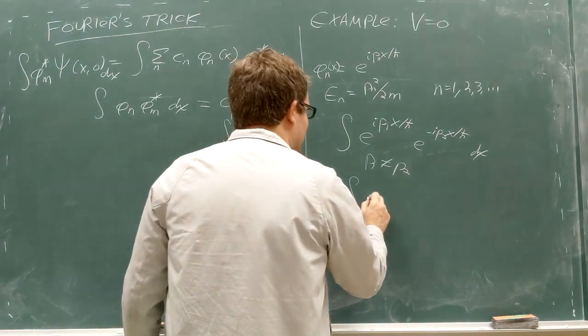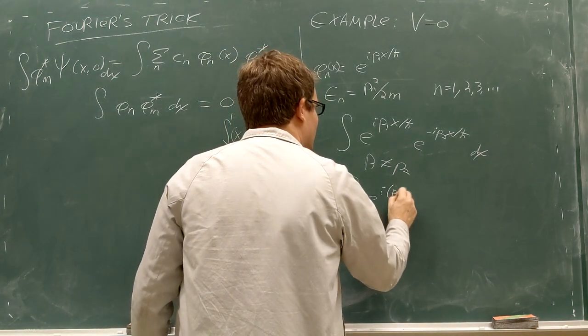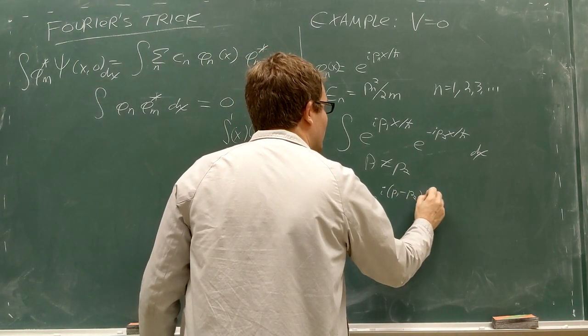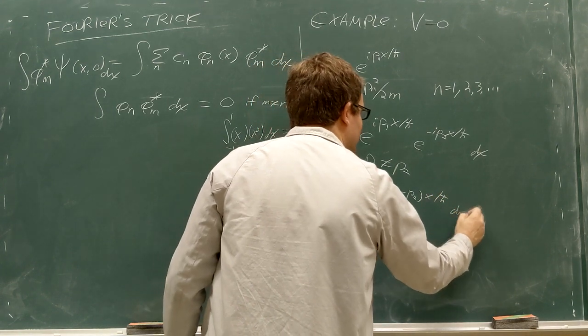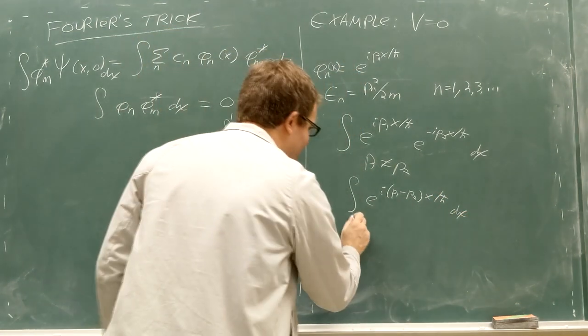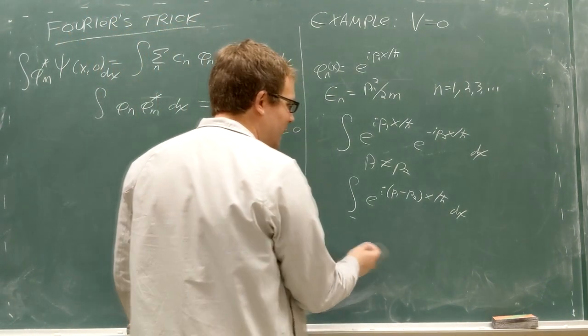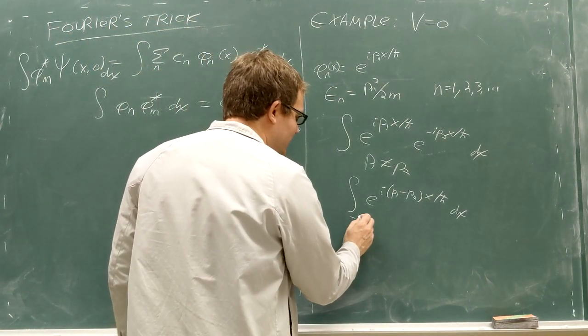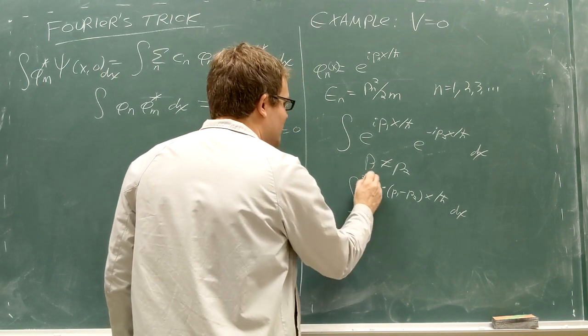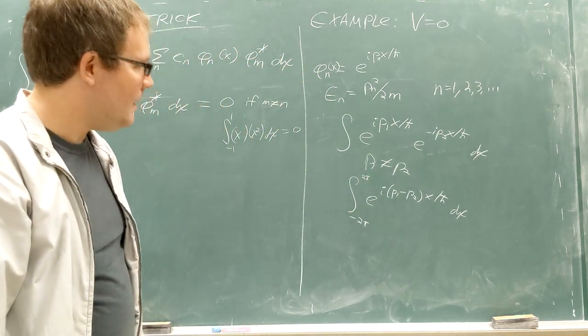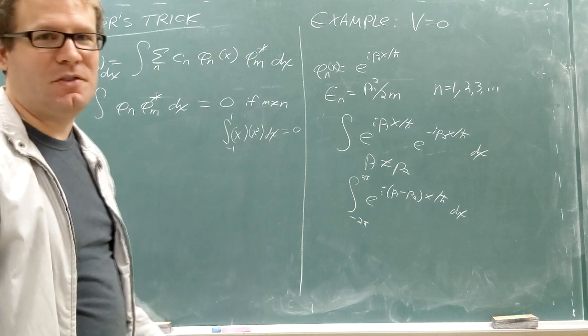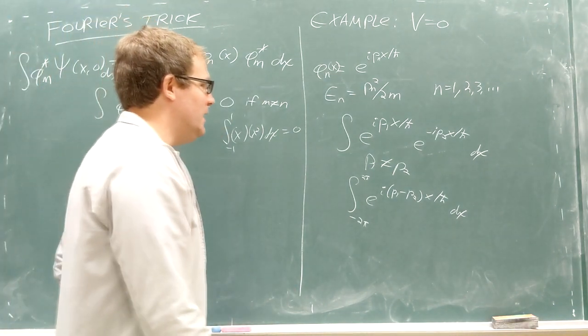That means you've got to take this e to the i (p1 minus p2) x over h bar dx. And you've always got to have some range you're going over. Let's suppose you're going from x equals, let's say, negative 2 pi to 2 pi. It could be anything as long as it's symmetric, whatever range you want to look at.